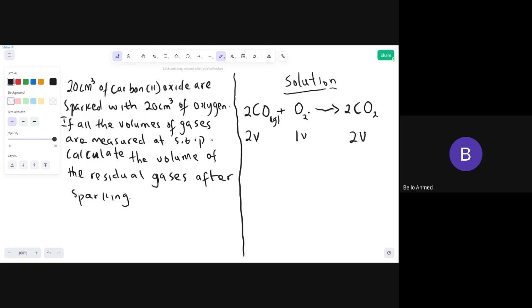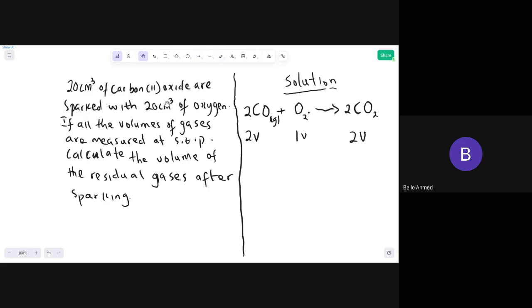That is what this equation is telling us. It is just like saying that for every 2 of these reacting with 1 of these, you have 2 of these. So now let's go back to the question.